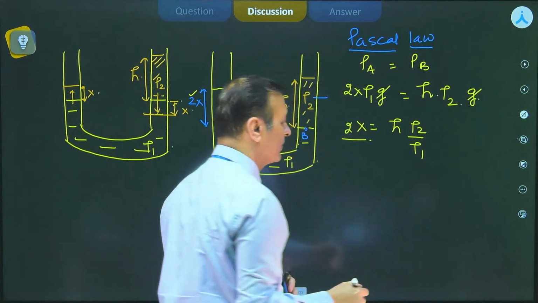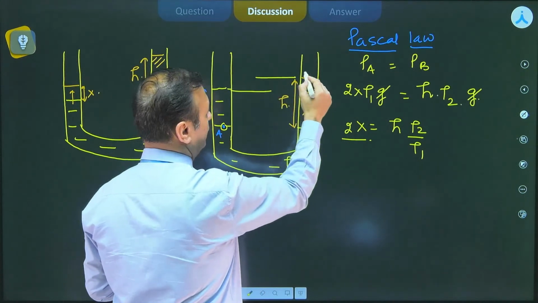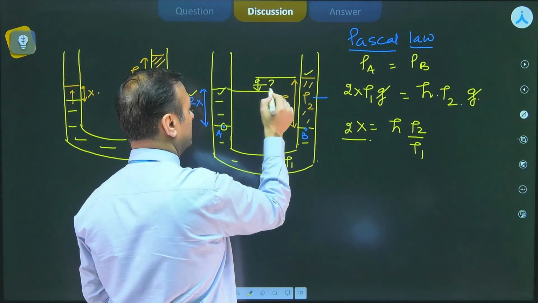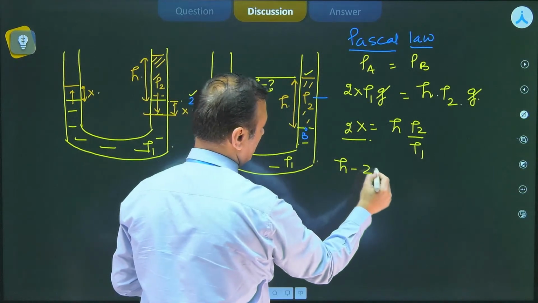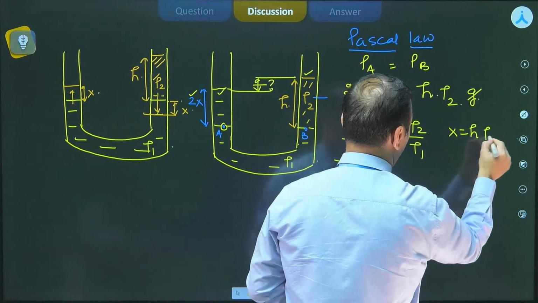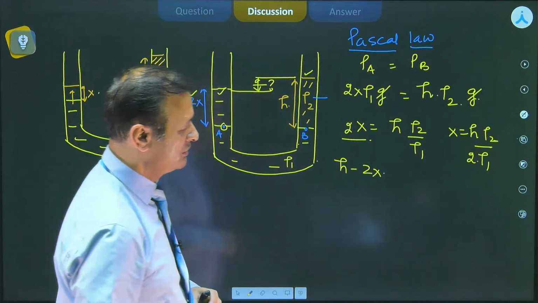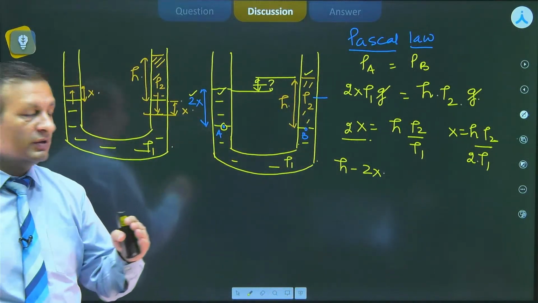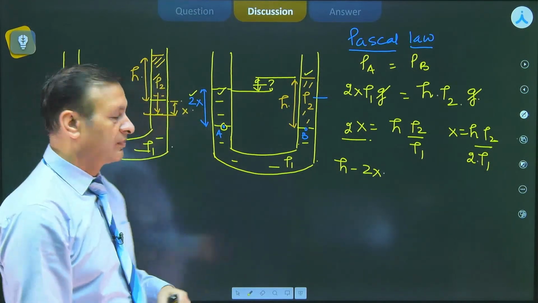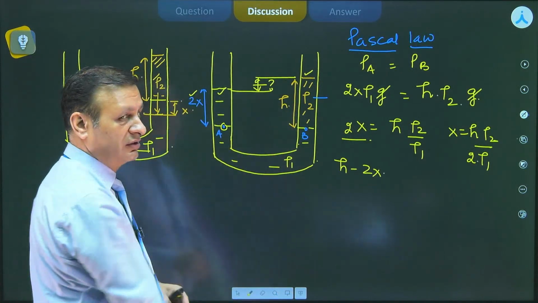So this 2x is h rho 2 by rho 1. If I ask you the difference in their free surfaces, this is the free surface of this liquid, this is the free surface of this liquid, so I'm talking about this. First of all, you have the value of x as h rho 2 by rho 1, with the 2 in the denominator. This is what x is, the value by which this liquid is decreased, or by what value the liquid in the other column is increased.